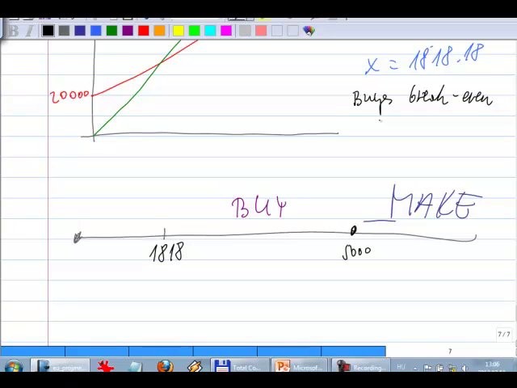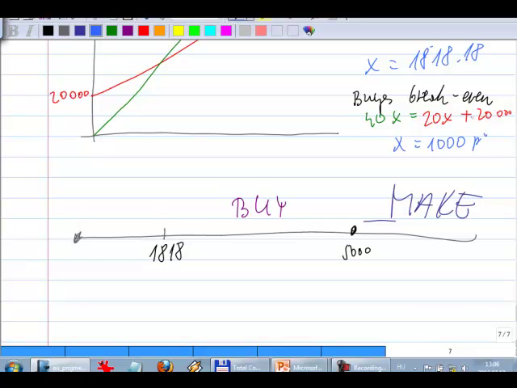Yes, you were right. We need the buyer's break-even. Can we get this? 40 times x is equal to 20 times x plus 20,000. And the solution is 1,000.